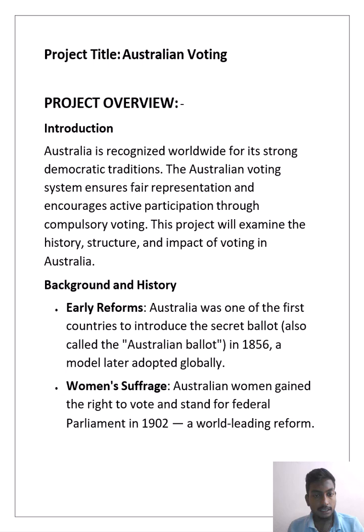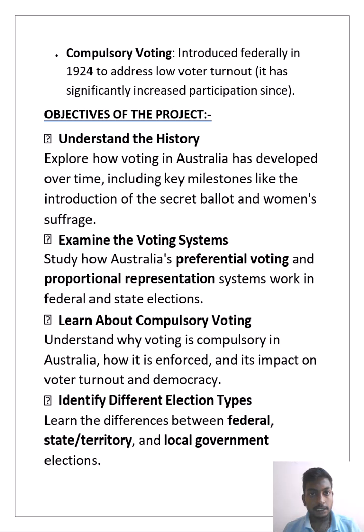Australian women gained the right to vote and stand for federal parliament in 1902, a world-leading reform. Compulsory voting. Introduced federally in 1924 to address low voter turnout, it has significantly increased participation since.